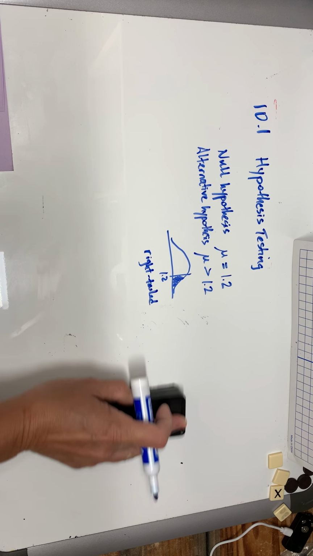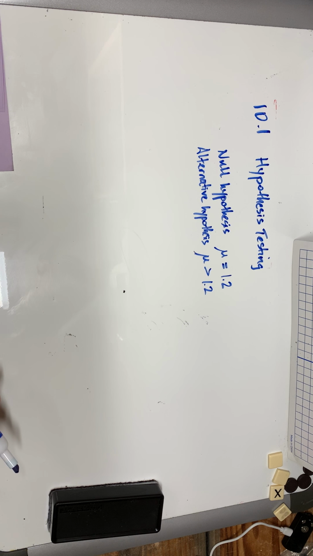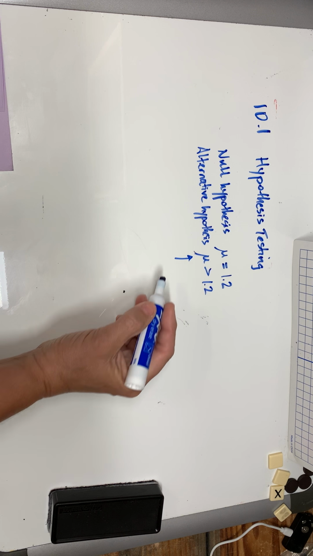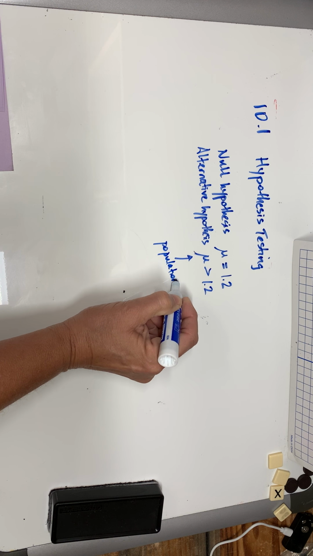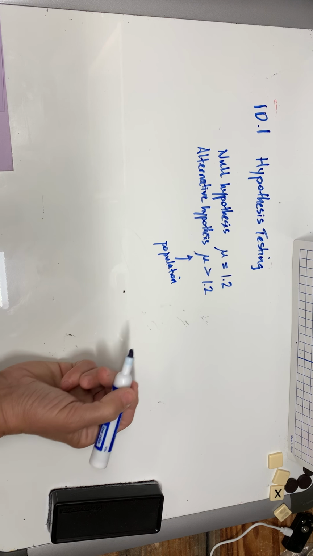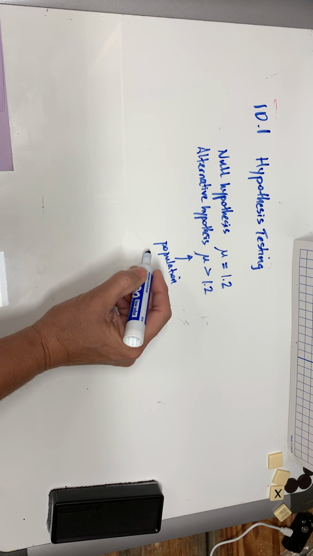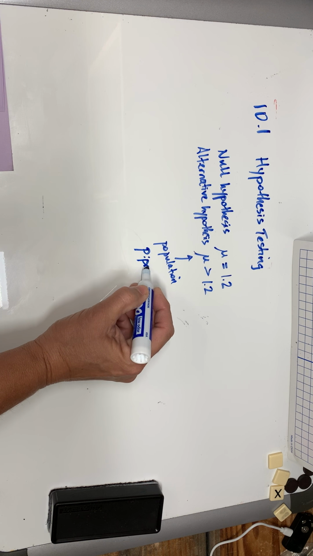So something that I want to point out when you're creating your null and your alternative is that this is always going to be a population. So you have to recall what your population symbols could be. So this one means mean. You could have also had a P for proportion.